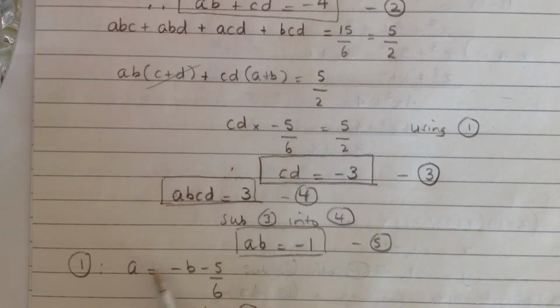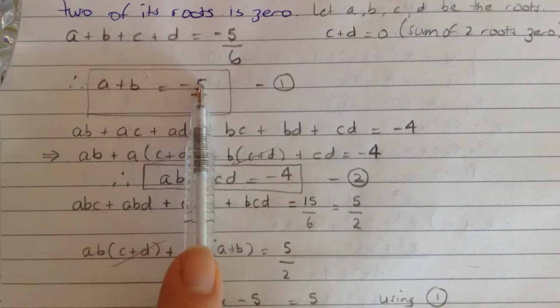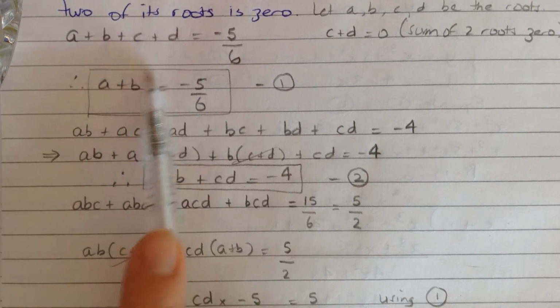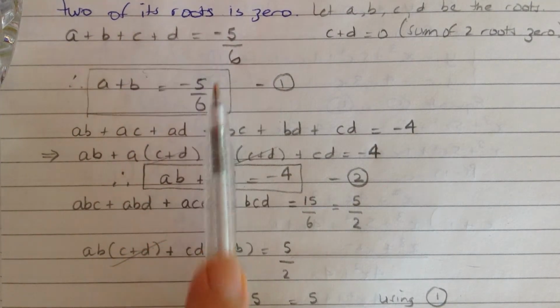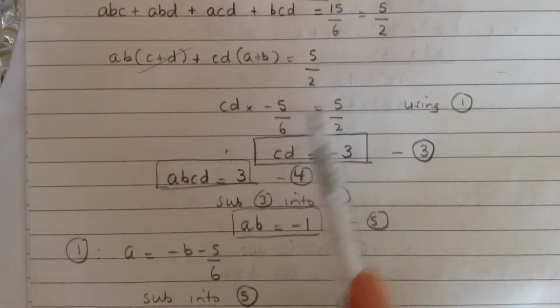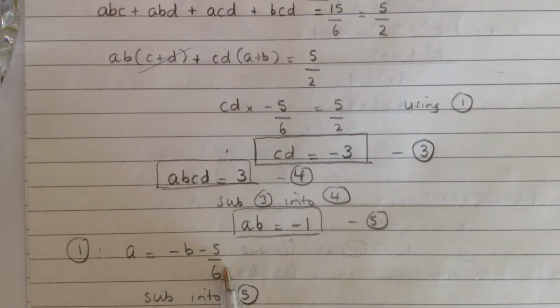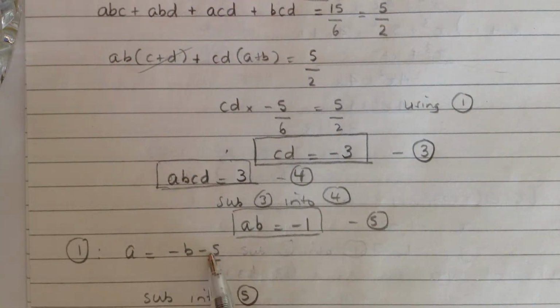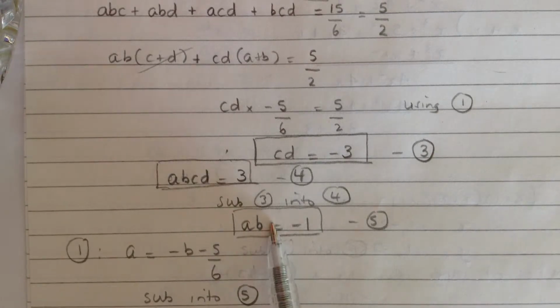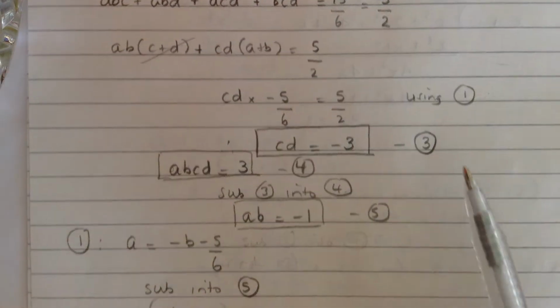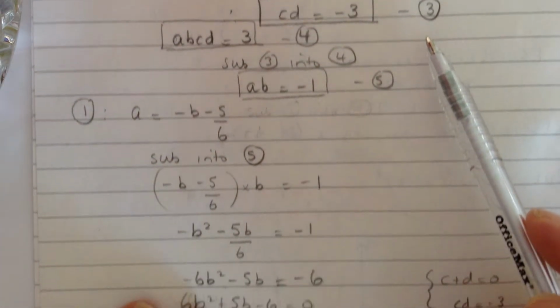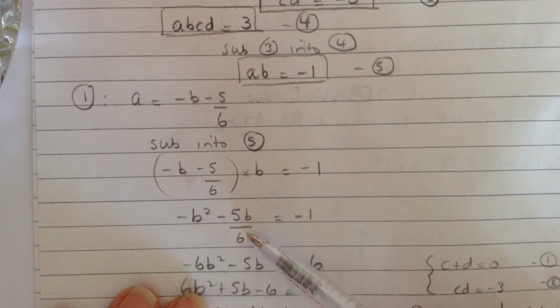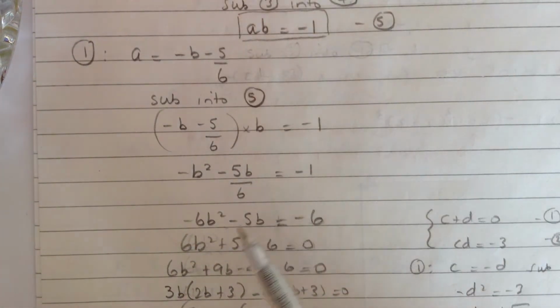Now take equation 1 and make A the subject. If you bring the B over, it'll be A = -B - 5/6. We're going to substitute that into equation 5, and I get a nice quadratic in terms of B to solve.